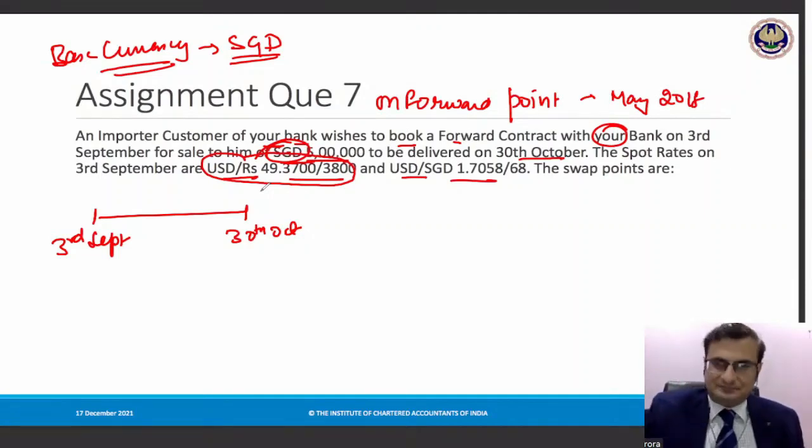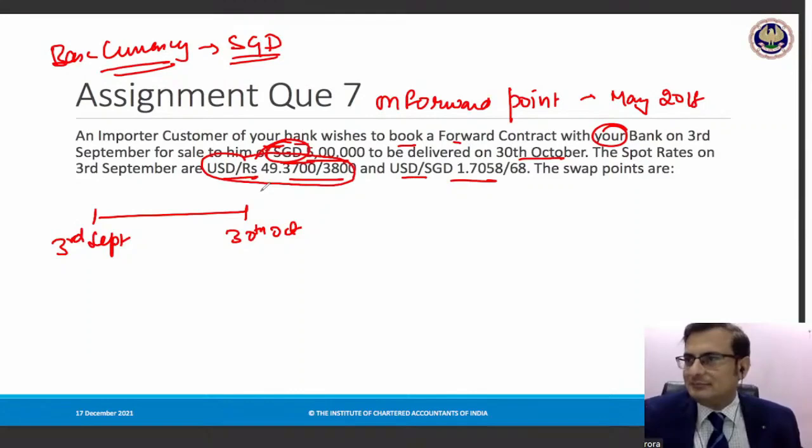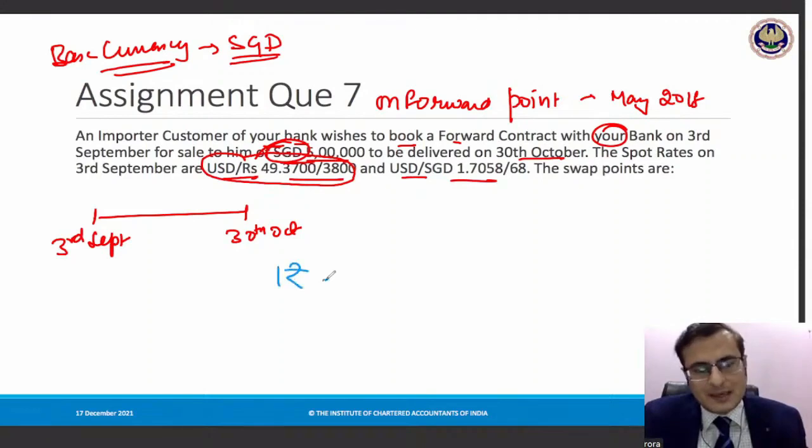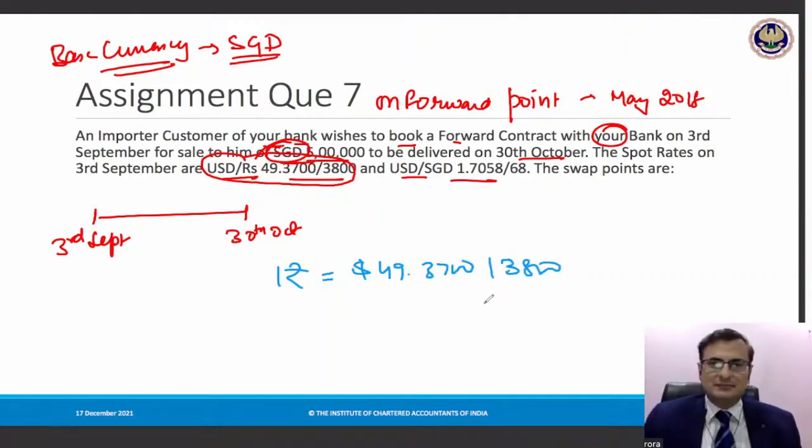Couldn't find? But this says that 1 rupee is equal to $49.3700 and 3800.